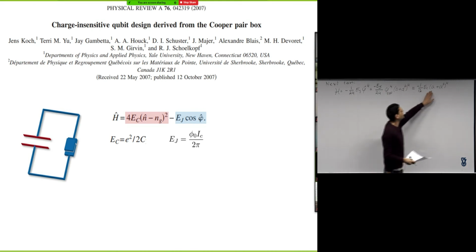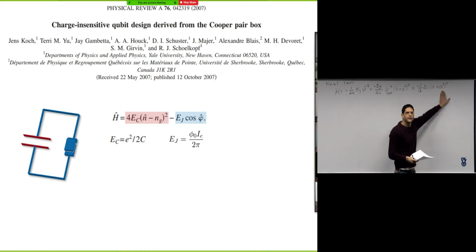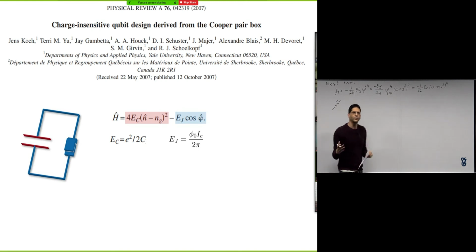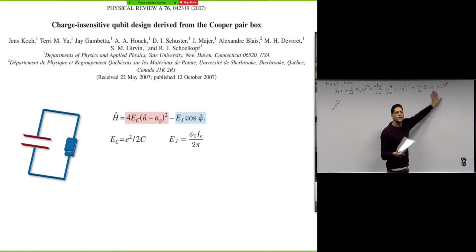So now we have to take all the terms in this (A plus A dagger) to the fourth. But what we're going to do here is neglect the off-diagonal terms, so all terms that basically do not conserve the number of excitations. So A dagger A we will keep.